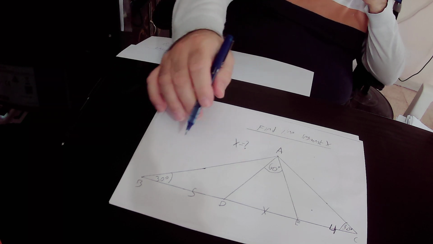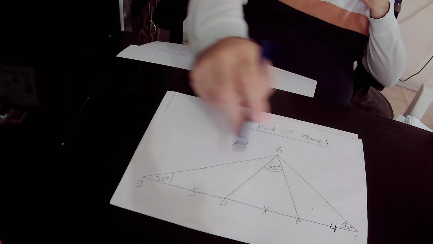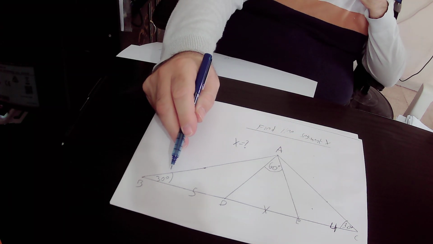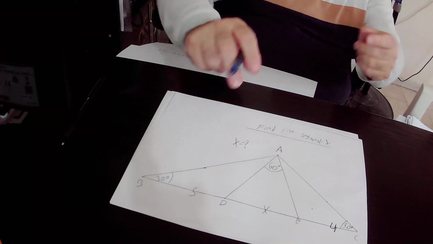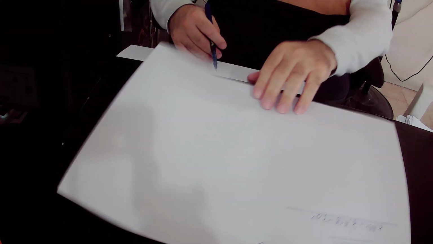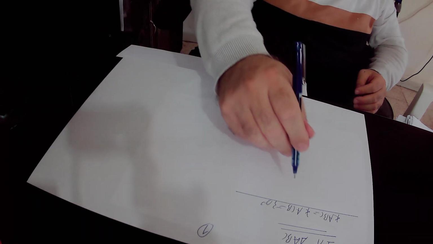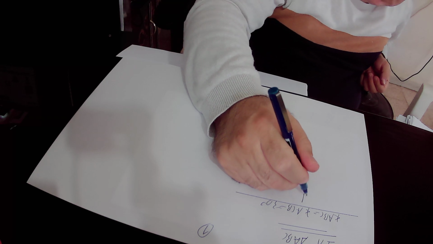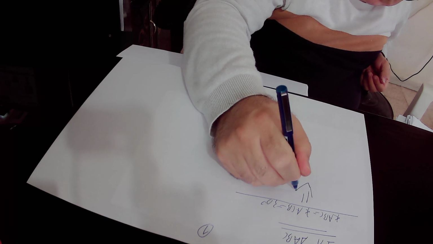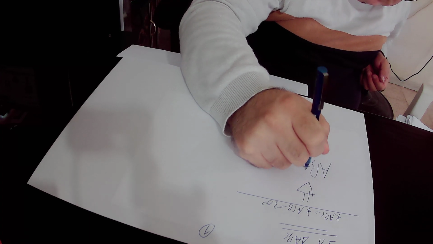Side AB is located in front of this angle, side AC is located in front of this angle, therefore those two sides must be also equal to each other. Okay? From the fact that those two angles are equal to each other in triangle ABC, we will conclude that side AB equals side AC.